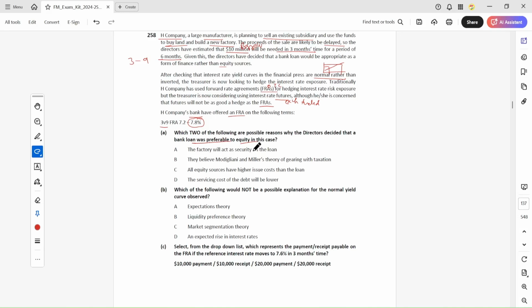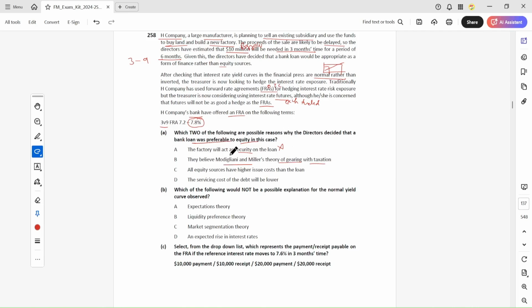The factory will act as security on the loan. Right now there is no factory, and they cannot give it as security, so this is incorrect, because the factory will be built in the future. Next, they believe in the theory of gearing with taxation.